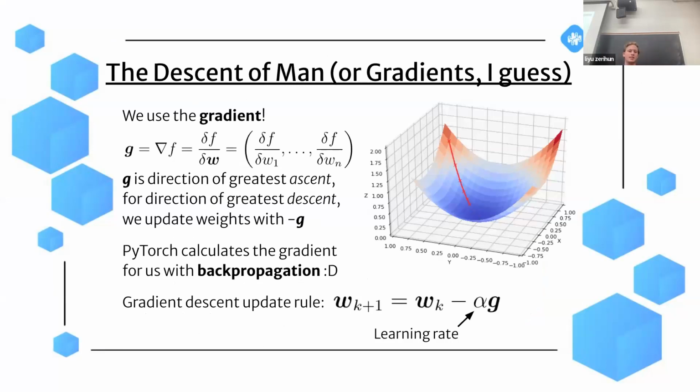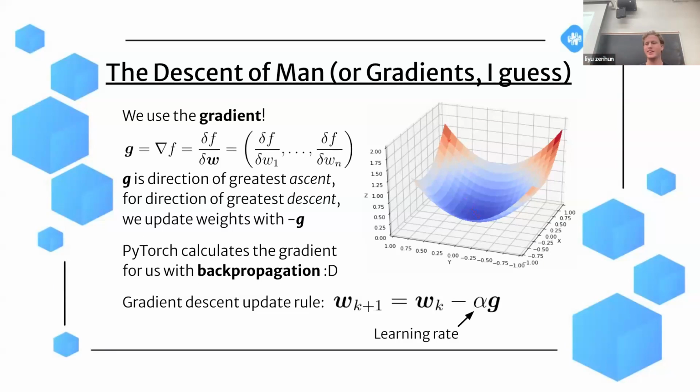What gradient descent does is, first of all, how many of you have heard of gradients before? Okay, good. So basically it's just a vector with the derivatives with respect to each dimension. And that vector represents the direction in which the function is changing the most.